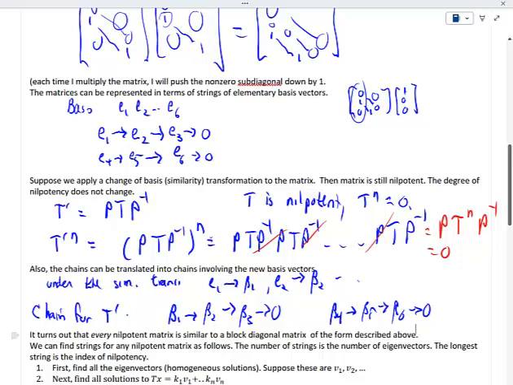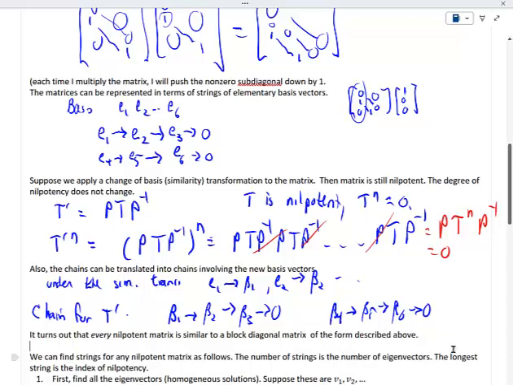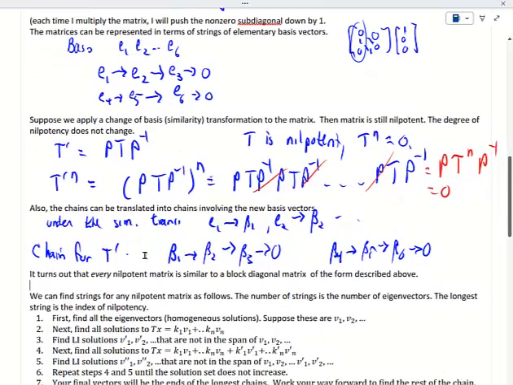Now, it turns out that every nilpotent matrix is similar to a block diagonal matrix of the form described above. We know that similarity allows you to change matrices into matrices of very different forms. I'm not going to go through the proof, but that's the basic idea: any nilpotent matrix really looks like this type of block subdiagonal matrix, and all you have to do is a similarity.